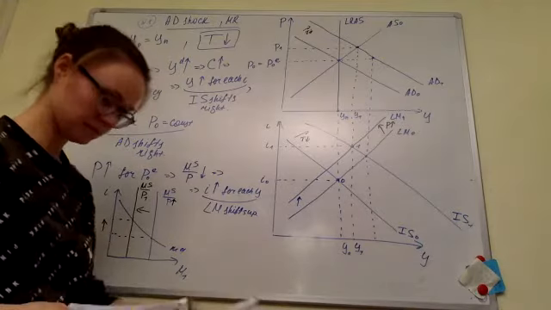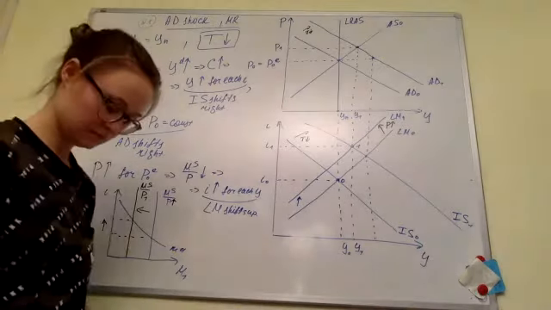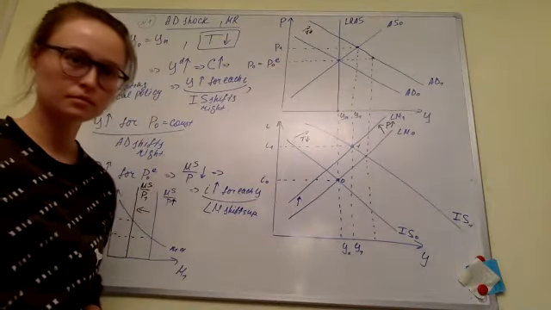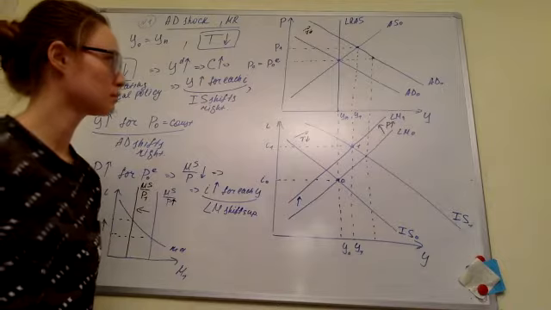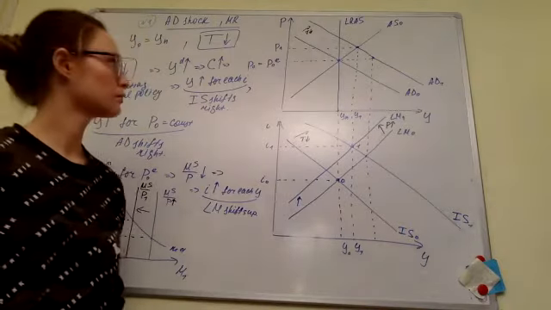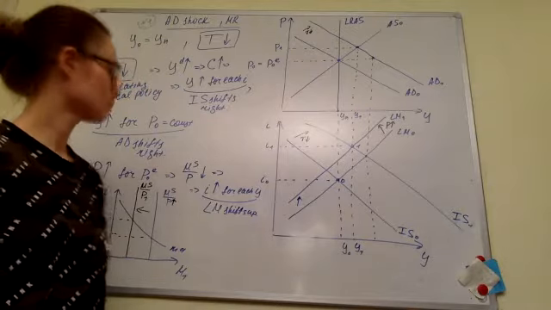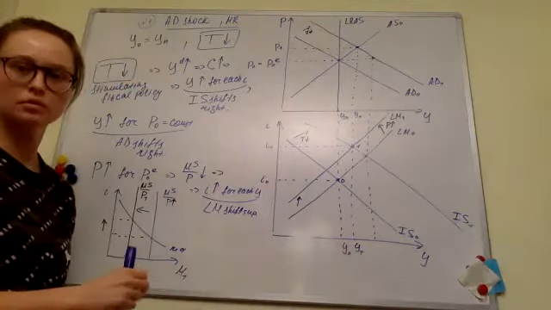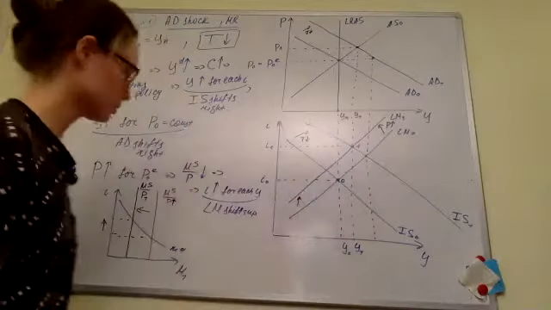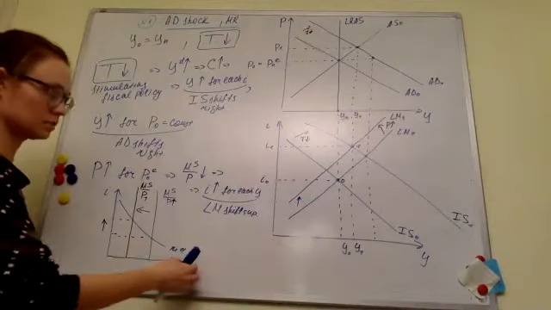I have a question. Do we need to write down on the graph the short run equilibrium, or just name them?